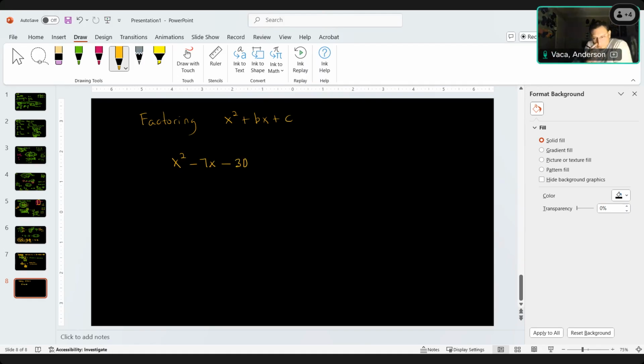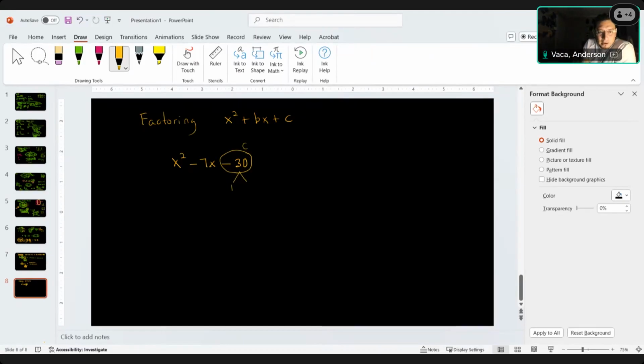So what happens here? Again, we want to look at the very last number, which in this case will be C. And this is the way I do it: I say, forget about the negative for now. I promise you that will work out. Just list the numbers that multiply to 30.